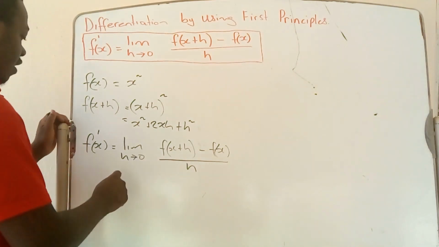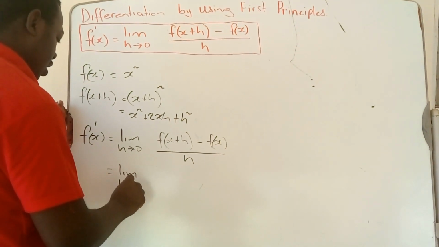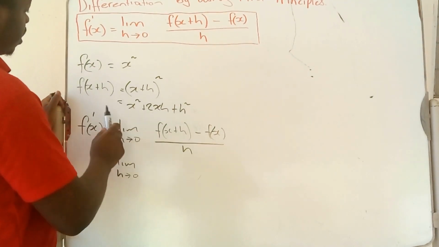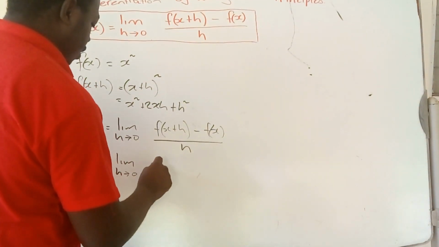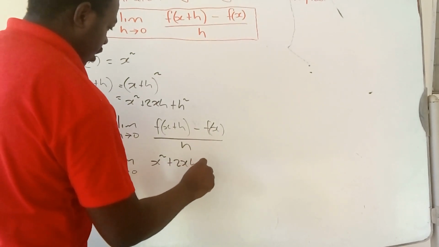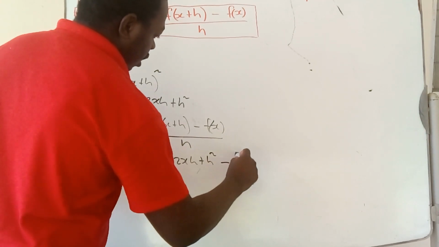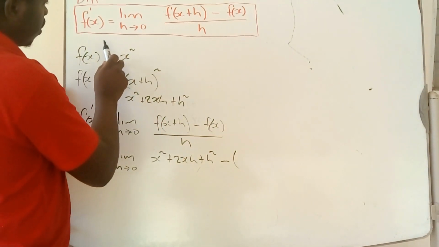So now we would have the limit as h approaches 0. What is f of x plus h? f of x plus h is all of this, so you're going to write x squared plus 2xh plus h squared, subtract f of x. But what is f of x? f of x is just x squared.